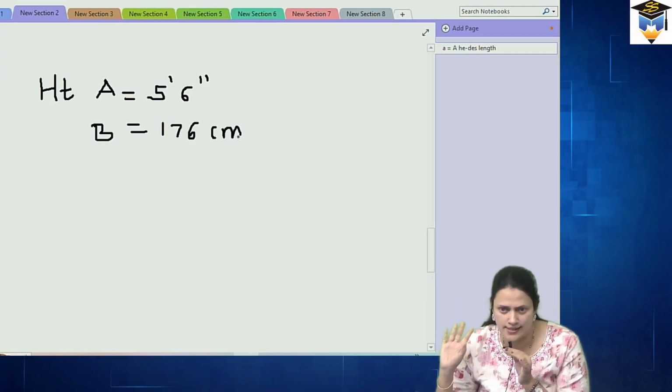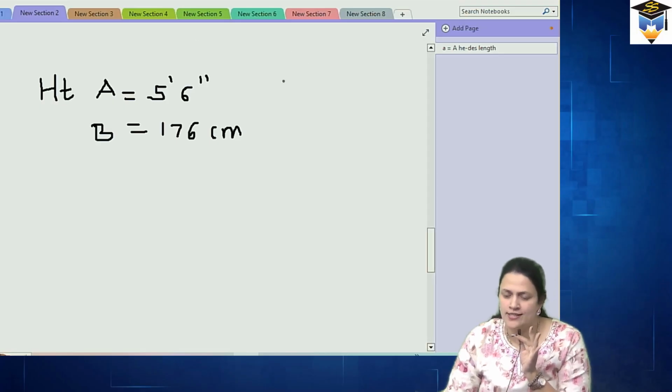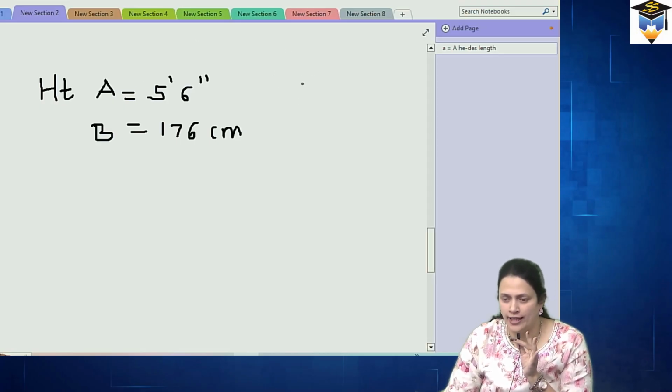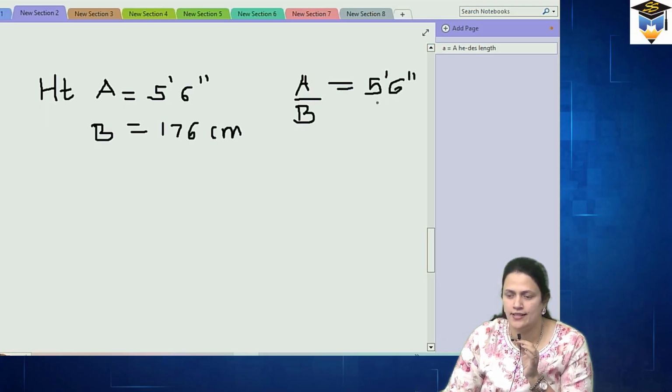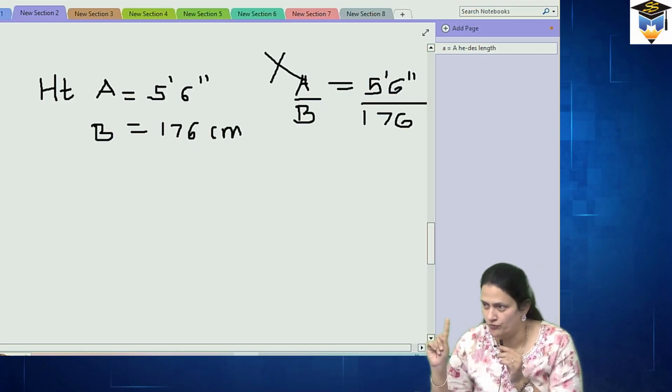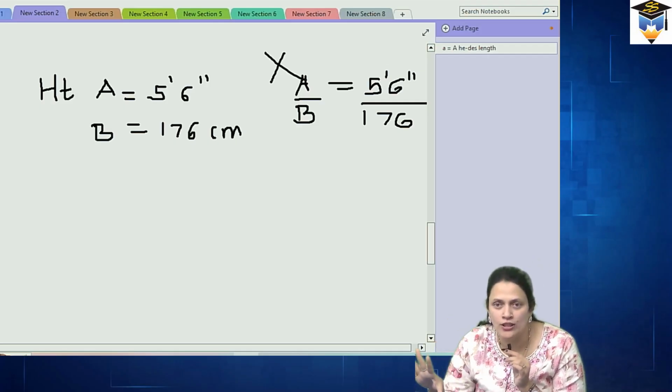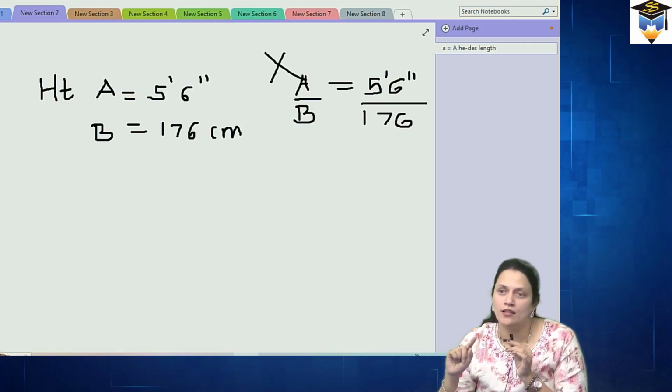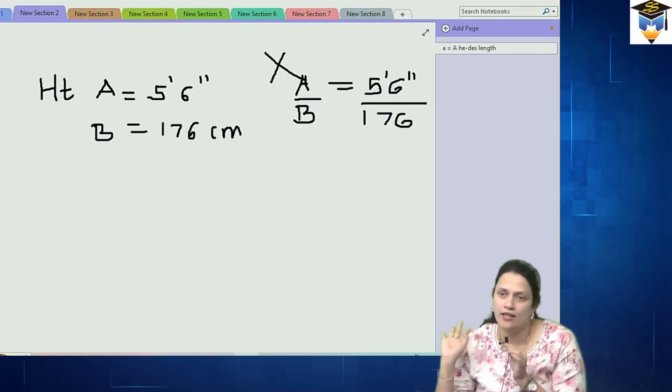So height of A by height of B can be written as 5 feet 6 inches upon 176. This is not a correct way to represent a ratio. You have to ensure that both the quantities are in the same units. Then only you can take a ratio.